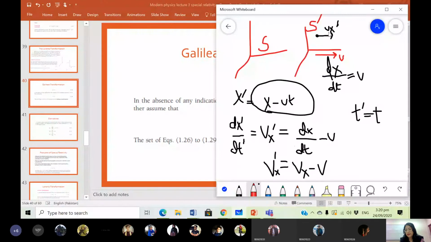Which means the velocity that an observer in this frame would observe is vx, which equals vx dash plus v. Remember the spacecraft and passenger and Earth example that I told you before? If you rearrange this formula, you will get back the same equation, vx minus v equals vx dash.